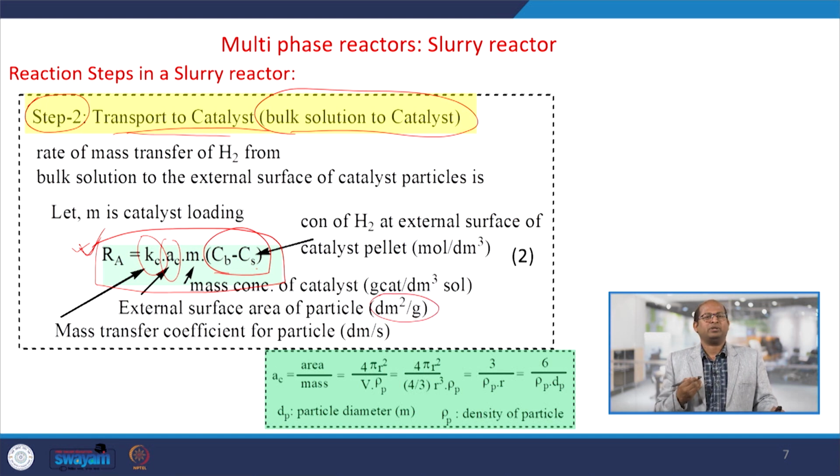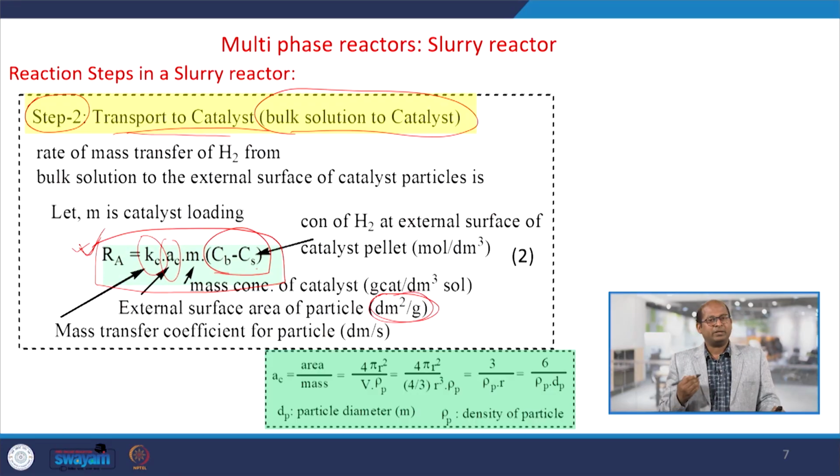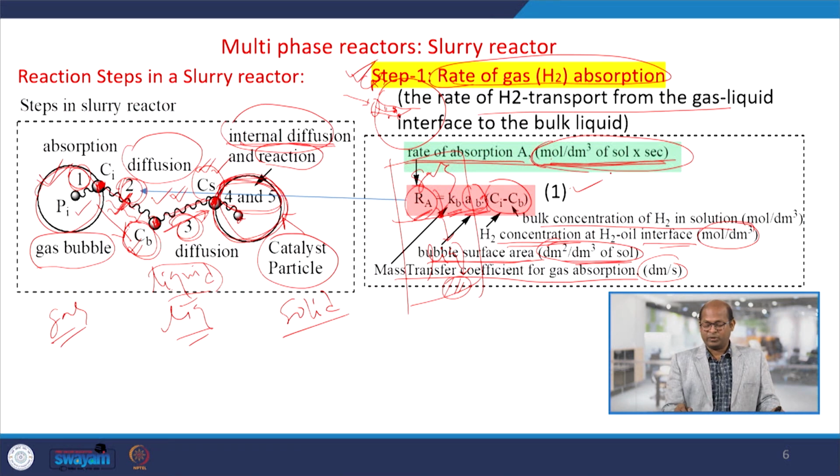Whenever we measure the surface area of solid particles, it is usually on a per unit weight basis, dm squared per gram of the catalyst, and m is the mass concentration of the catalyst, grams of catalyst per dm cubed of solution. If we multiply all of these on the right-hand side, the left-hand side comes as moles of component per dm cubed of solution per unit time.